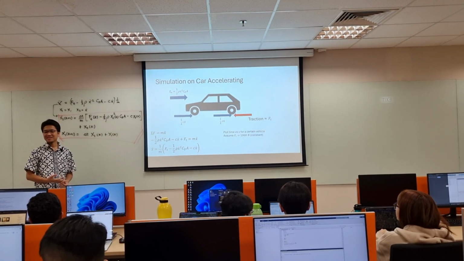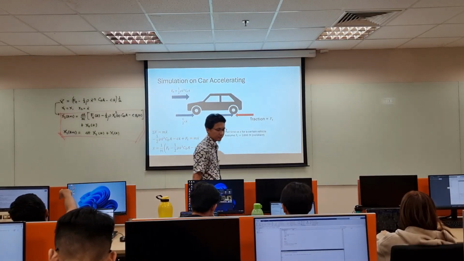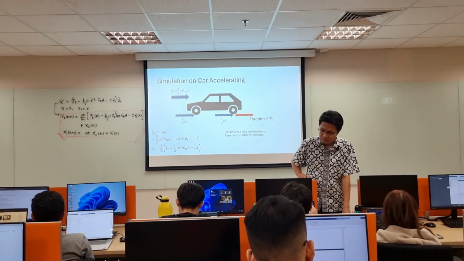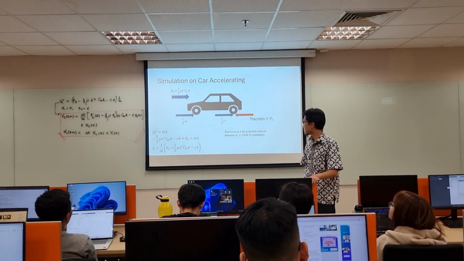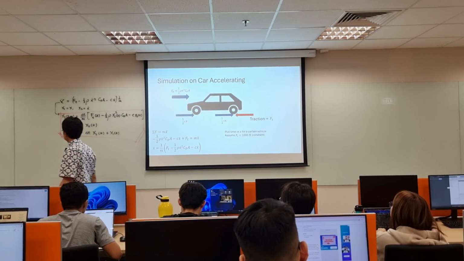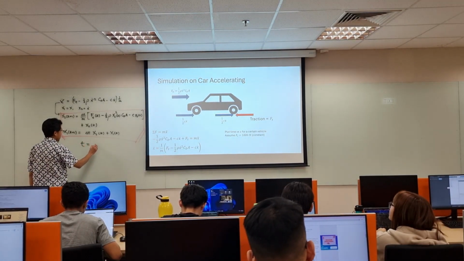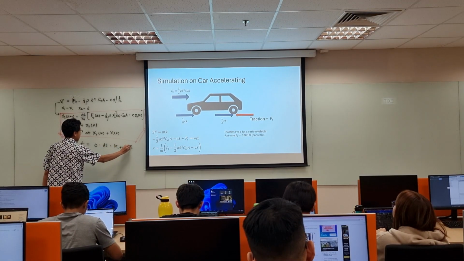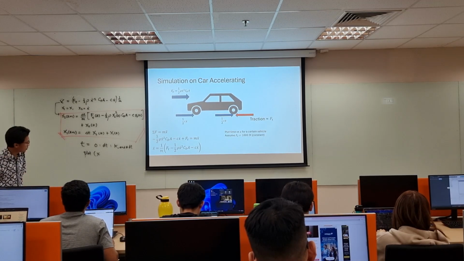Any plot? Not yet. There will be time. So you define the time vector to be 0, dt, k multiplied by dt, and then you plot t comma x2.